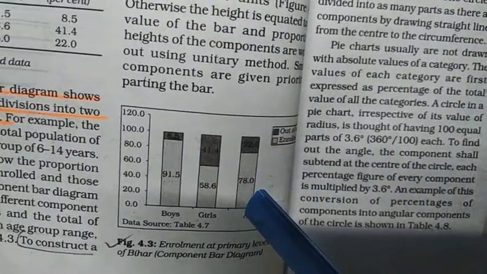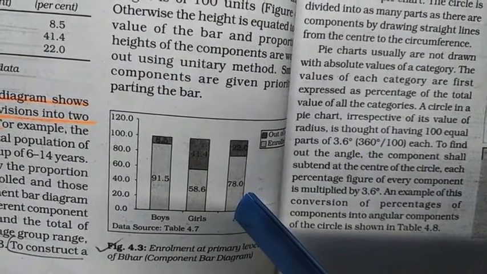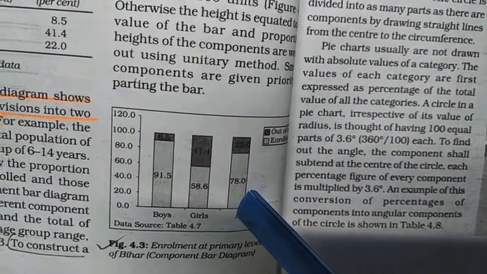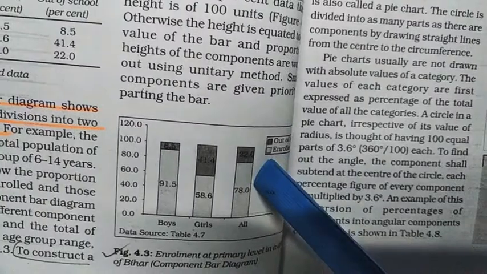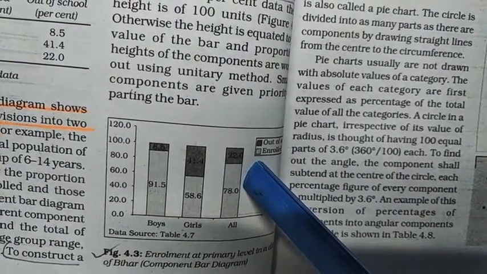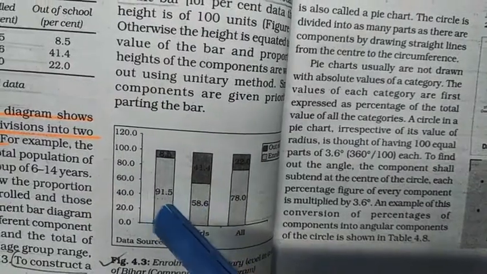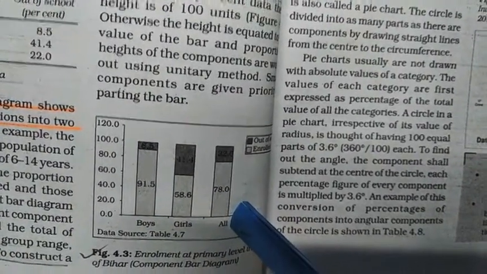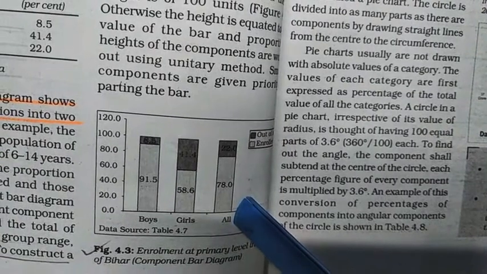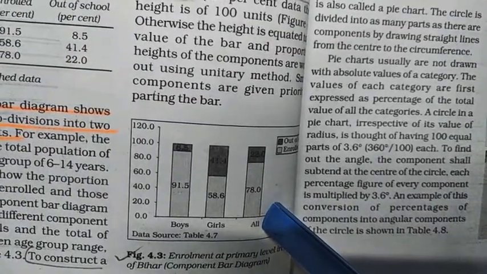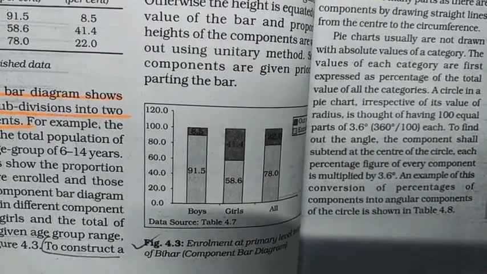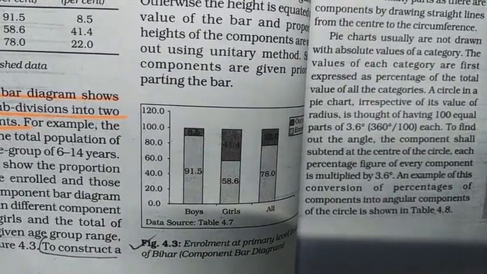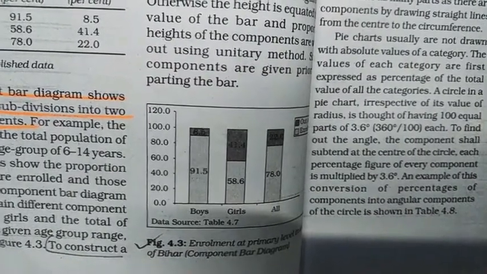The shaded part indicates the percentage of people who are out of school, and the unshaded part is the enrollment category. In this same data we are comparing two data sets. This is the multiple bar diagram of boys and girls giving the data of enrollment at primary level in the state of Bihar.